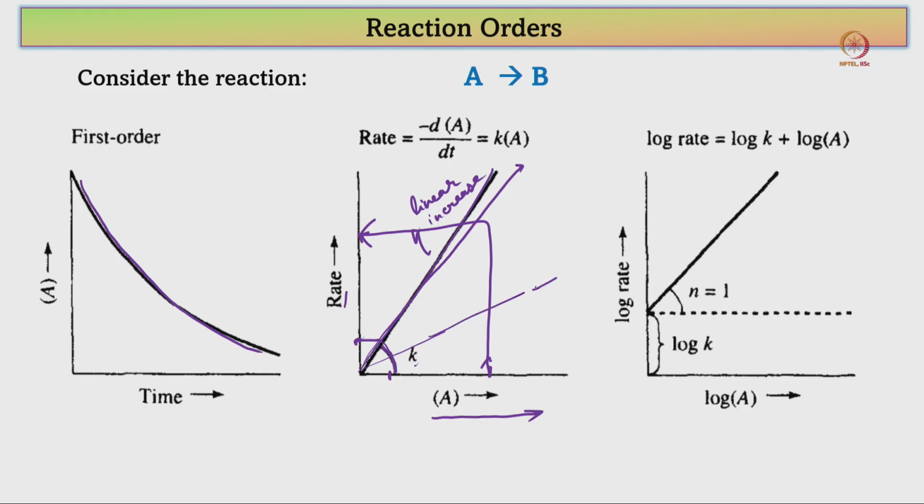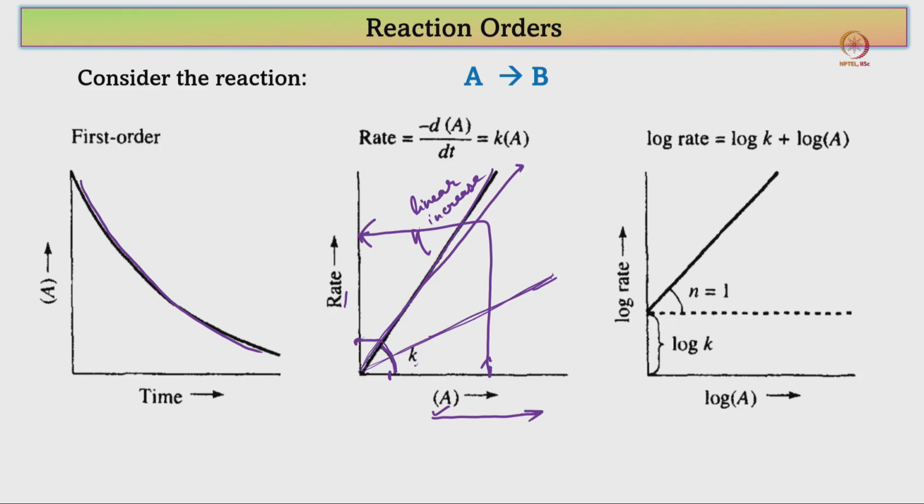If the slope is much shallower, that means the increment is very slow. If the slope is higher, then the increment is much faster, but it is a linear increment. The unique aspect of first order reactions is that the rate increases linearly with respect to my reactant.